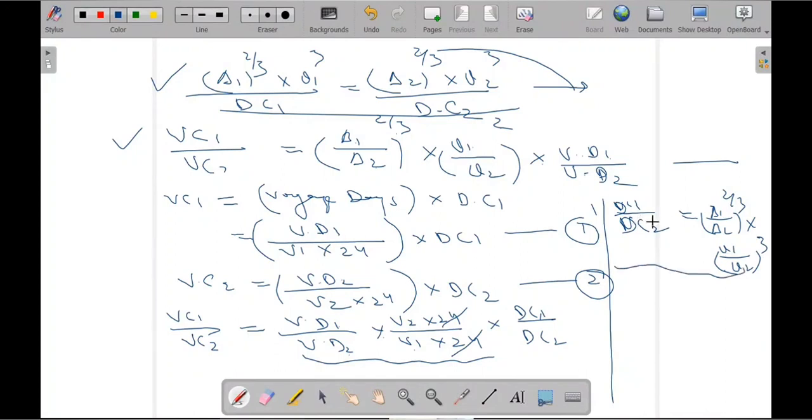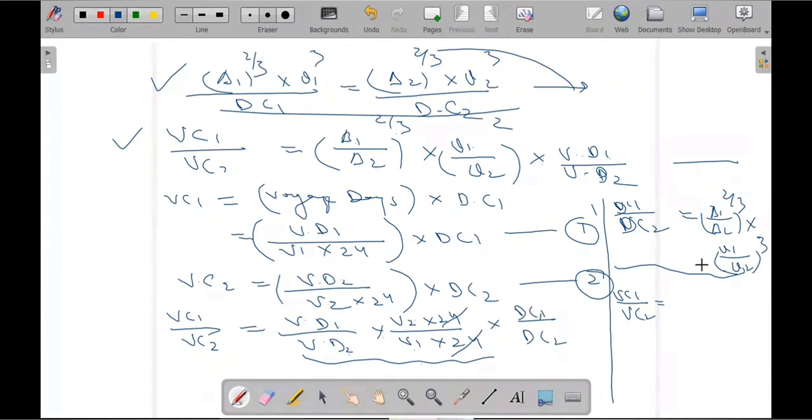So if I put this DC1 by DC2 here in this formula, what will it become? VC1 by VC2 will be equal to, now this V2 by V1 will, V1 cube will become square.